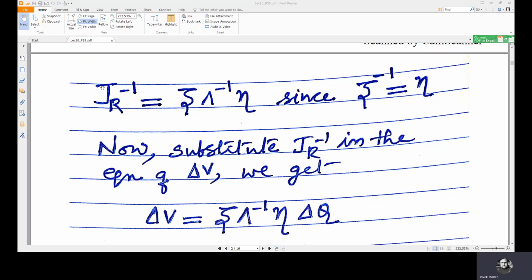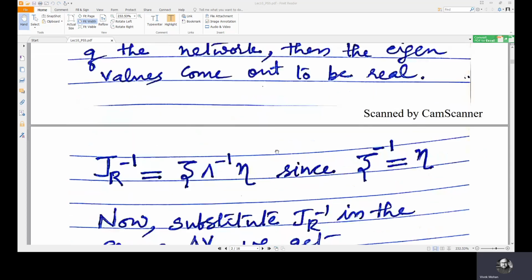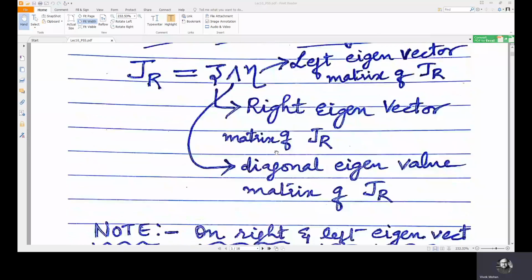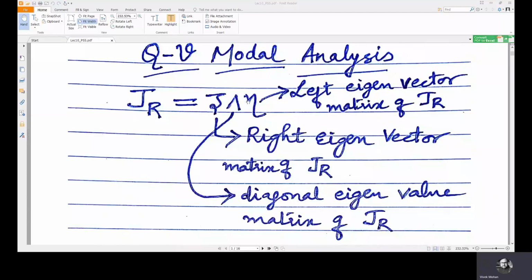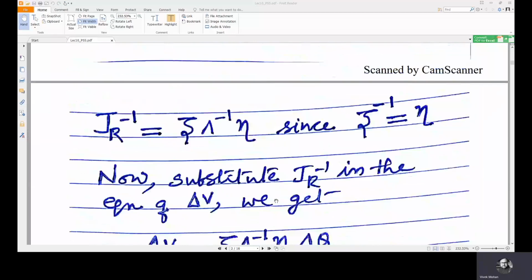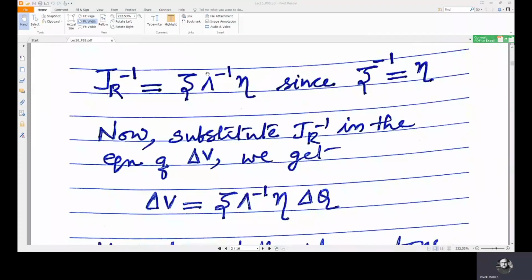So JR inverse equals theta lambda inverse eta. Here JR was theta lambda eta, and now it is theta lambda inverse eta, because theta inverse equals eta.